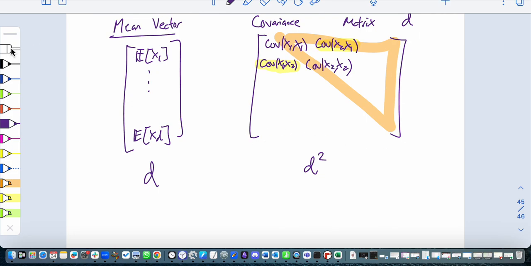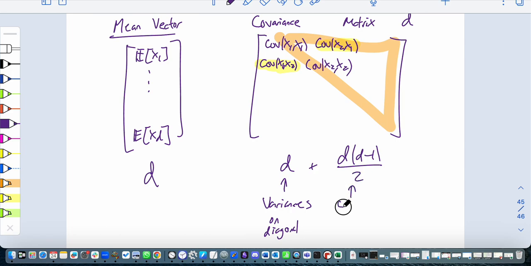It's a d by d matrix, but actually there are d for the diagonal. The diagonal are the variances. Variances on diagonal. And then you have plus d times d minus 1 divided by 2. These are the covariances on the, say, the super diagonal. On super diagonal. That means above the diagonal. Okay, so altogether, you could write it like that.